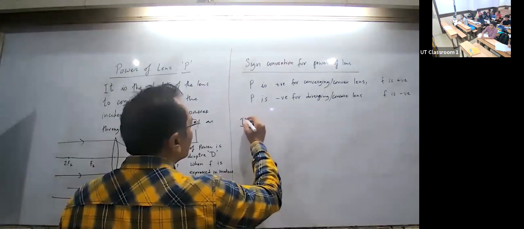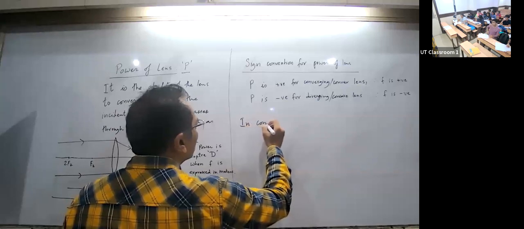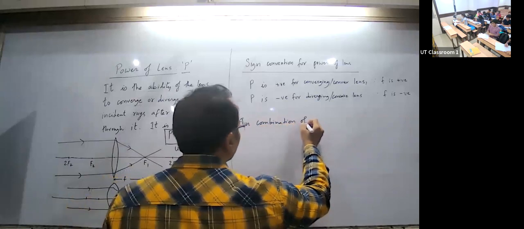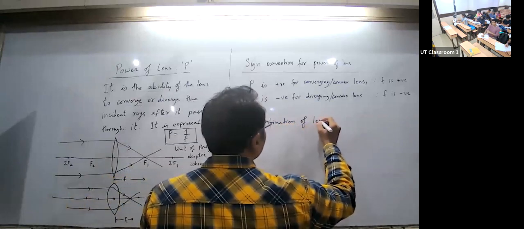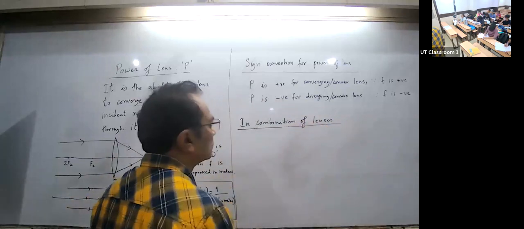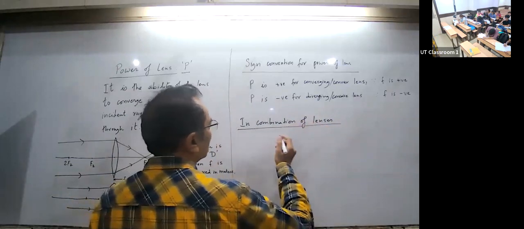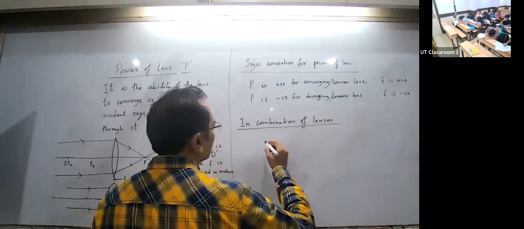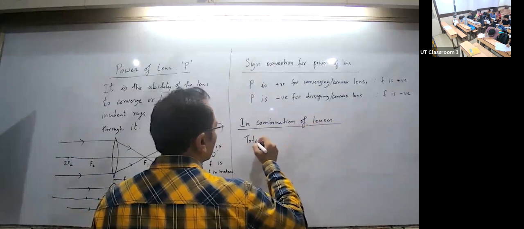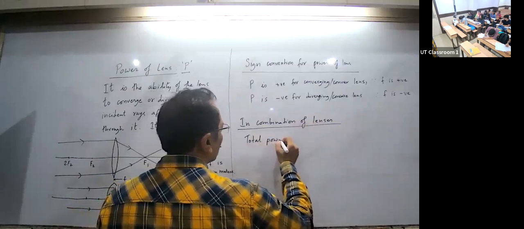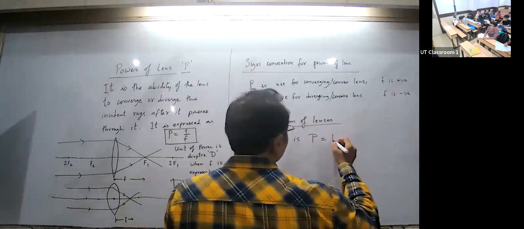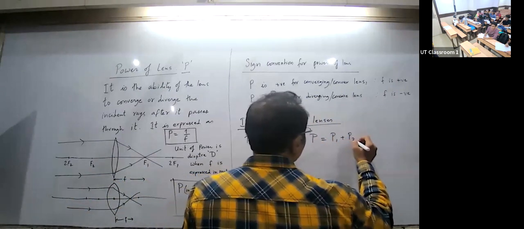So in combination of lenses, total power is P1 plus P2.